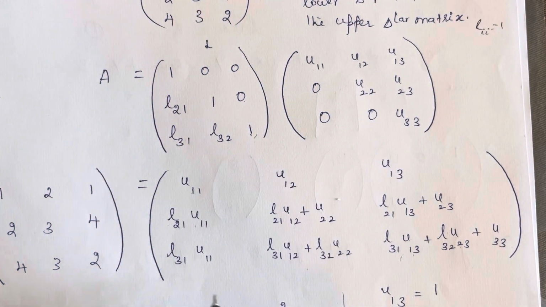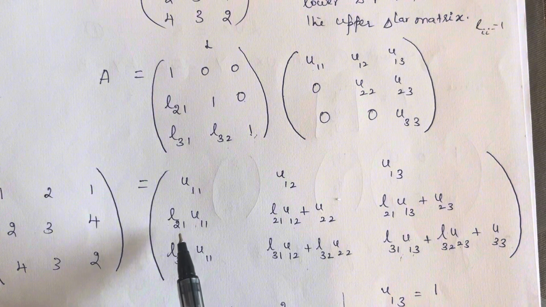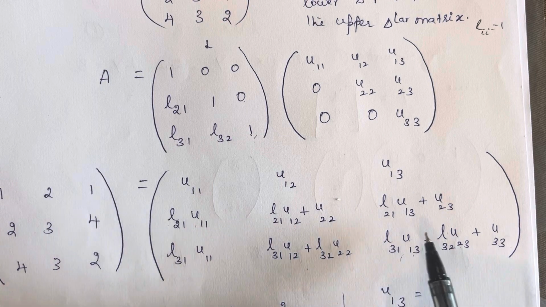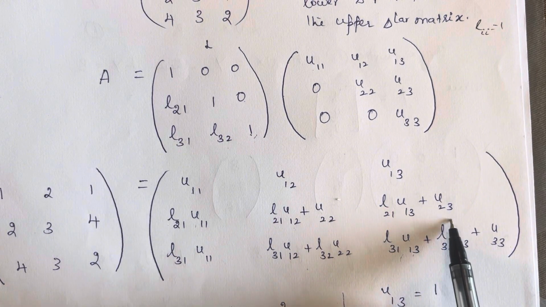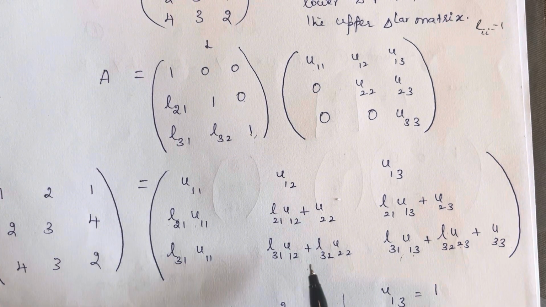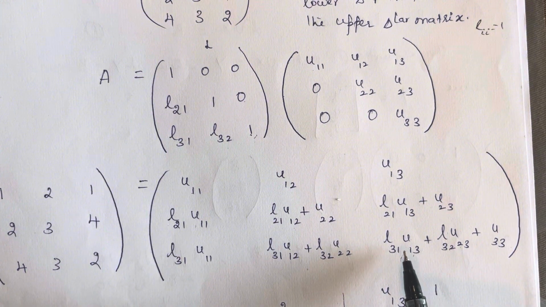The second row is L21 U11, L21 U12 plus U22, and L21 U13 plus U23. Similarly, the third row is L31 U11, L31 U12 plus L32 U22, and L31 U13 plus L32 U23 plus U33.